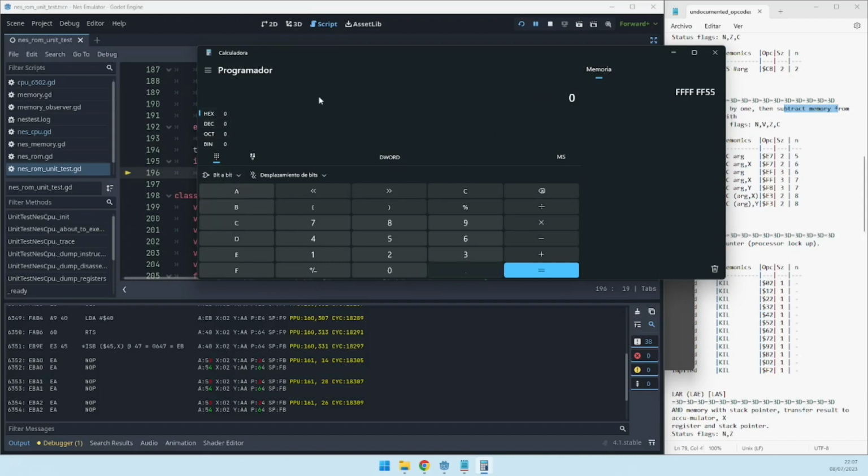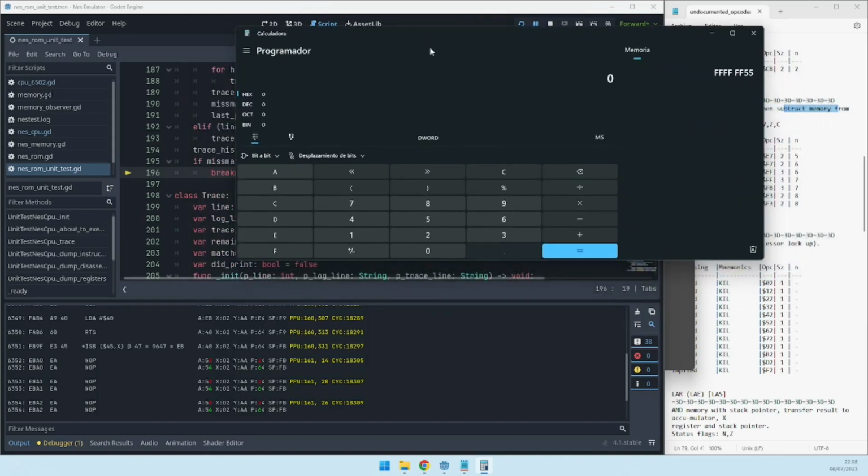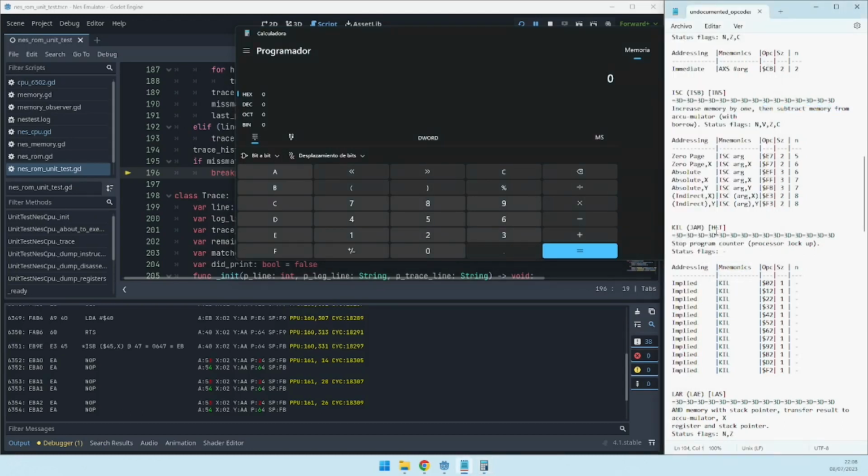Increase memory by 1, then subtract memory from accumulator. Yeah, I think this is correct. With borrow.